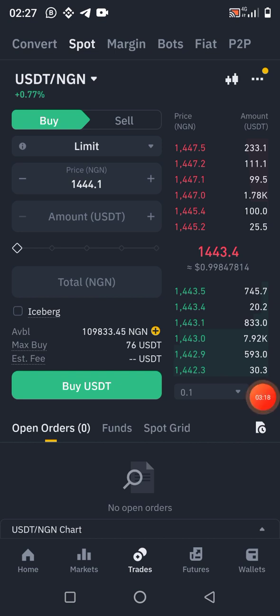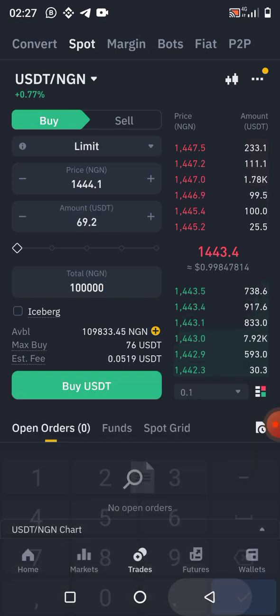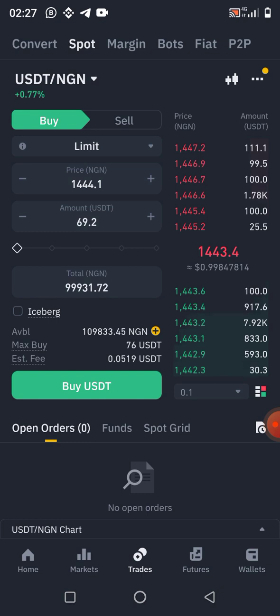Now you can see I have this amount of Naira here, 109 Naira. So when USDT dips against Naira, I would buy, let's say, 100,000 worth of USDT. I'm not buying now. So immediately I buy, I will get USDT, right?